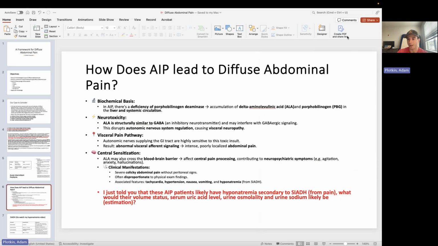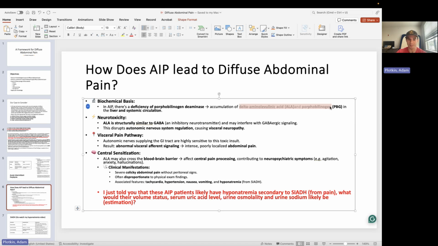So again, just really quick, how does AIP lead to diffuse pain? It's again this ALA and PBG. They can get in the liver and systemic circulation. ALA is very similar to GABA, and remember, GABA is our main inhibitory neurotransmitter, so it may interfere with the GABA signaling. This disrupts our autonomic nervous system regulation, and it causes visceral neuropathy.